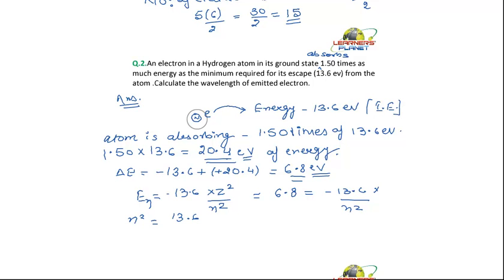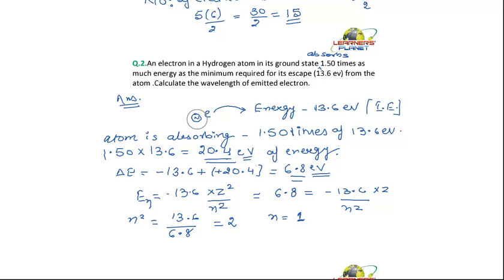So n square will be equal to 13.6 divided by 6.8, and that will give you 2, and n will be the first energy level.